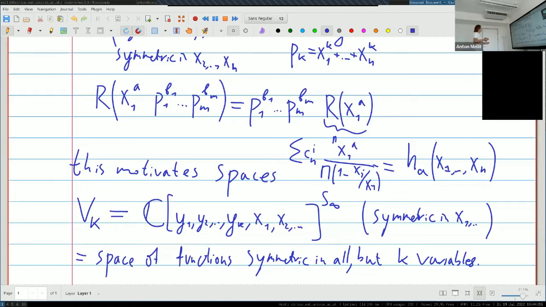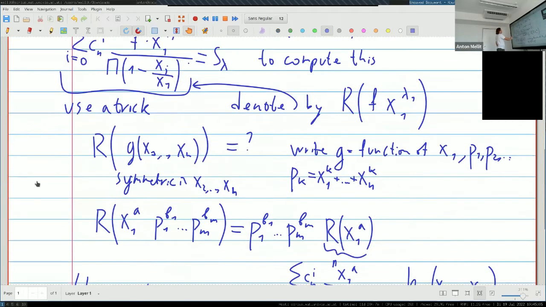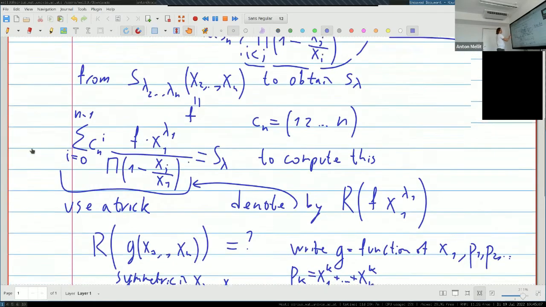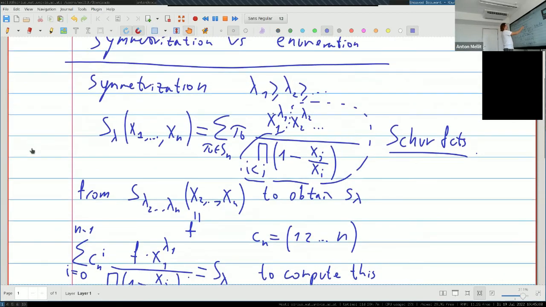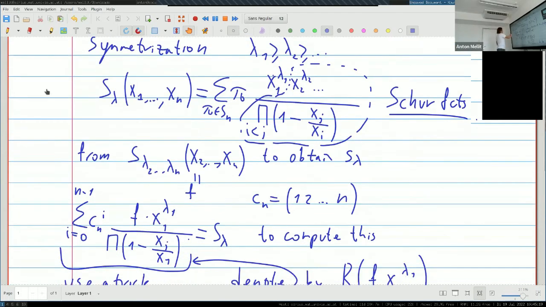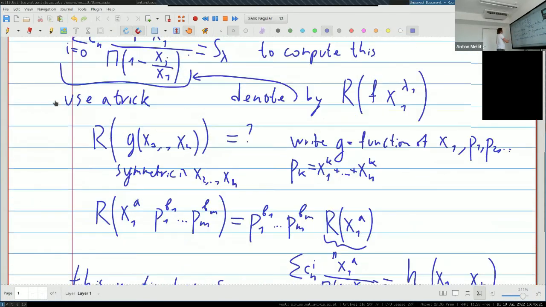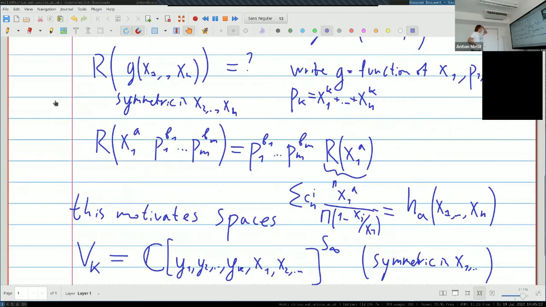But if you think about the whole procedure, you start with a function which is not symmetric at all, namely for the Schur functions, we started with just a monomial, and if we do symmetrization one by one, we get the Schur function. So this will give you the very well known raising operator formula for the Schur function.